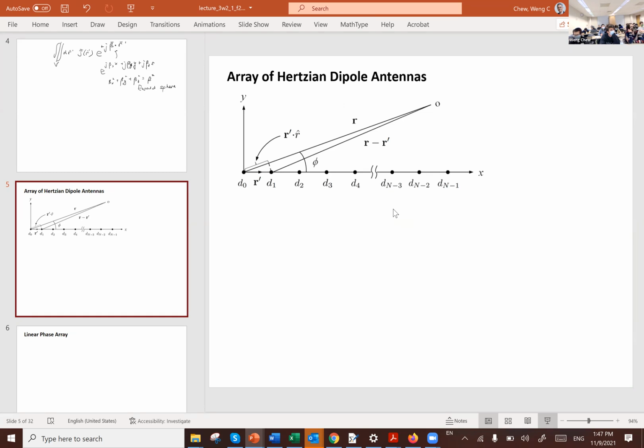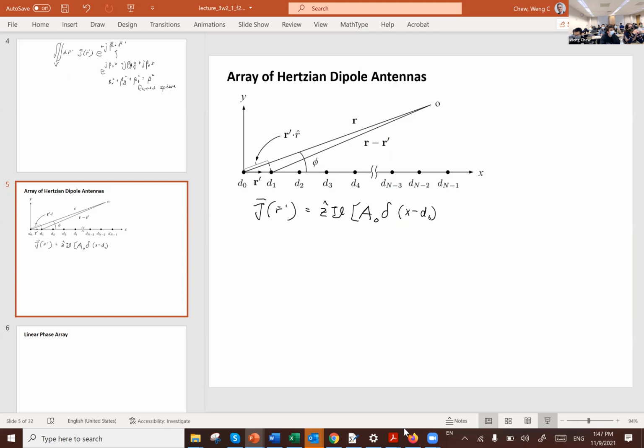So let's look at a very simple case where we have an array of dipoles. We say that these dipoles are all pointing in the z direction, but they're all located at different places. Let's assume that the first one is located at x minus d0.